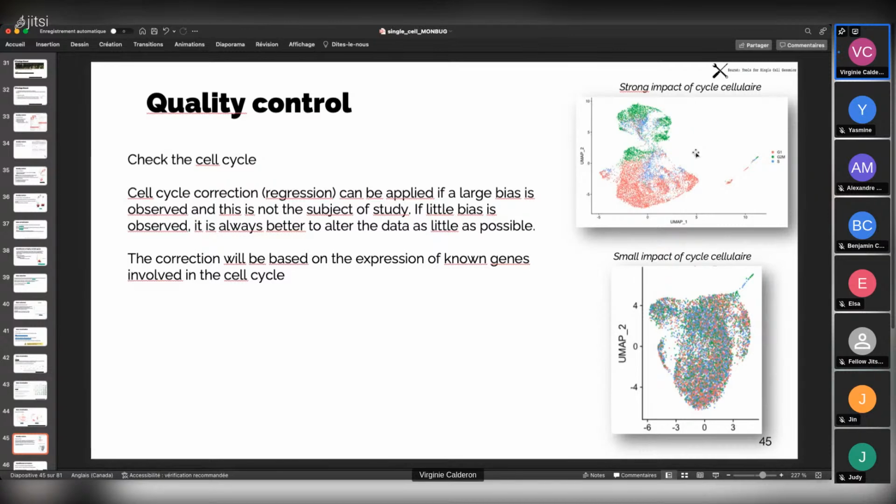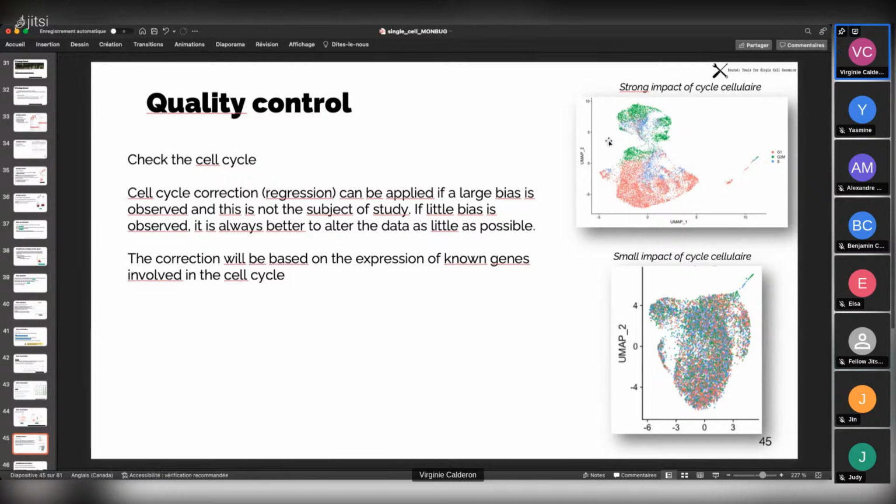We need this projection to be able to identify the cell populations, because the cells in G1 belong to one subpopulation. The cells in G2M are in another subset. So in this case, I will keep it. But if it's not something interesting, if you want to remove this, we can use a regression to remove this information.